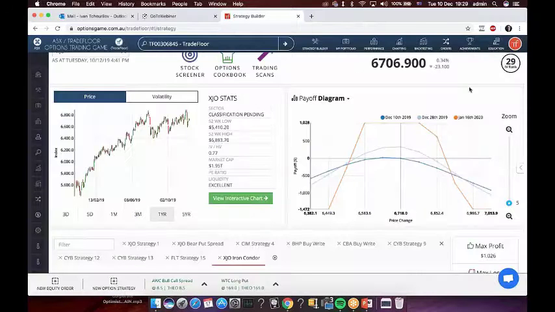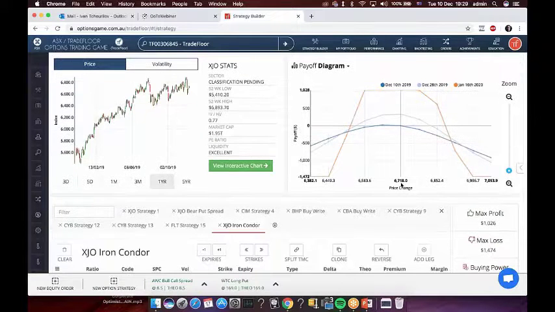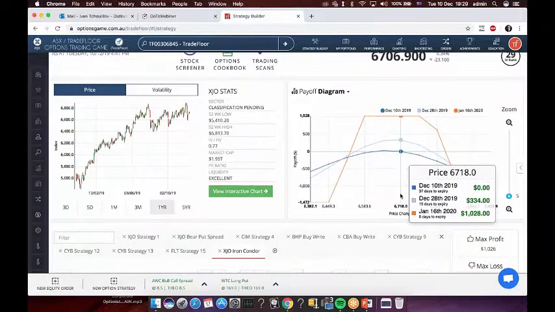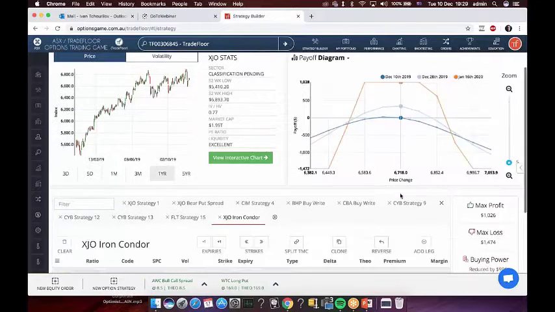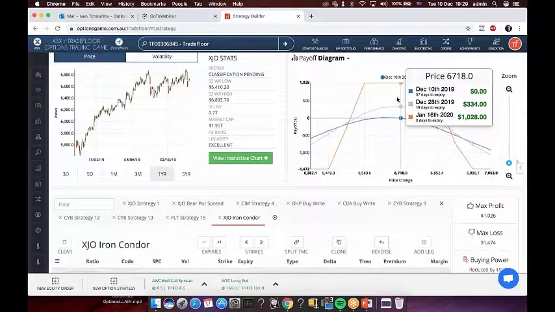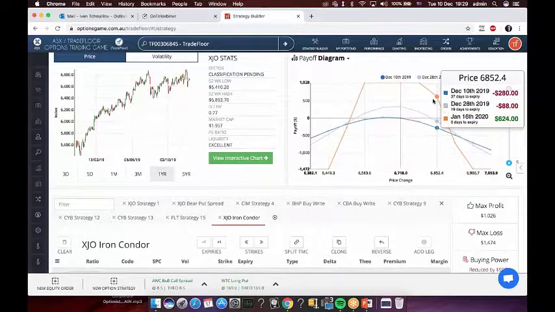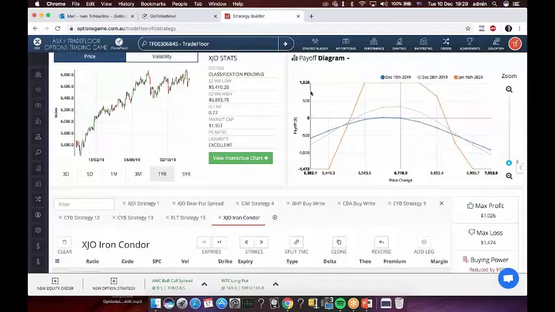In this case, the way we read this is the current price is around 67.18, right here in the middle. As we go up, we can see how our profit goes higher or lower. Anything above the zero line means we're profitable on the trade, and everything below means we're losing.